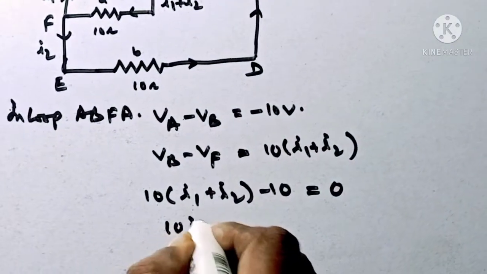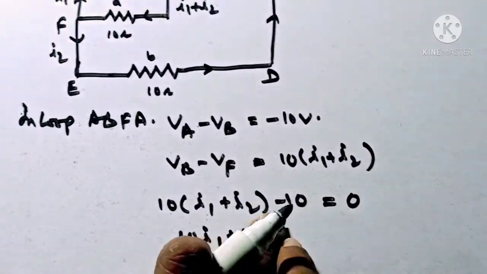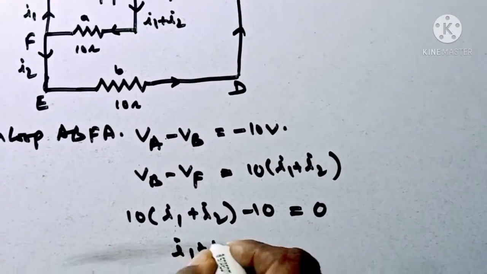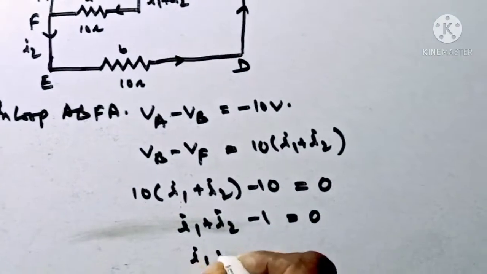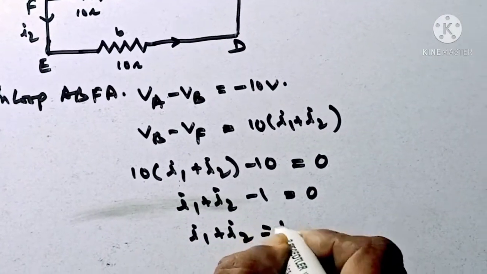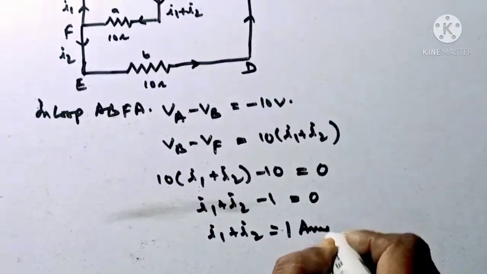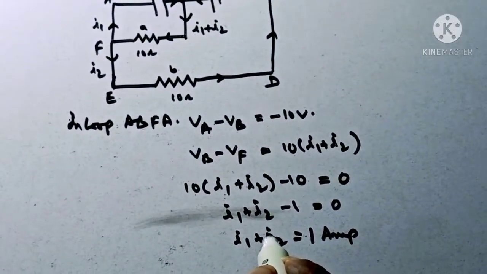Taking 10 common, I1 plus I2 minus 1 is equal to 0. So here I1 plus I2 is equal to 1. So through resistor A, 1 ampere current is flowing.